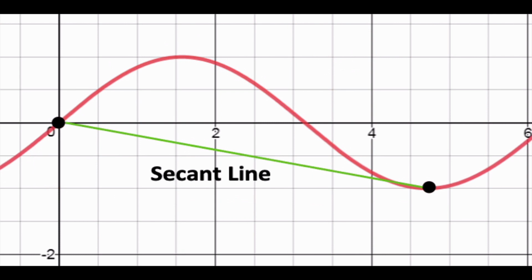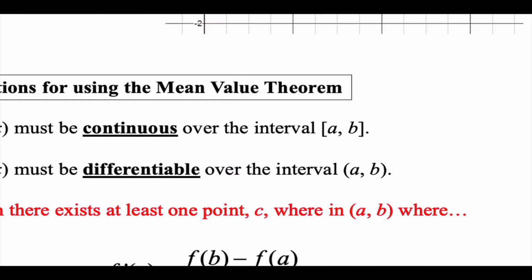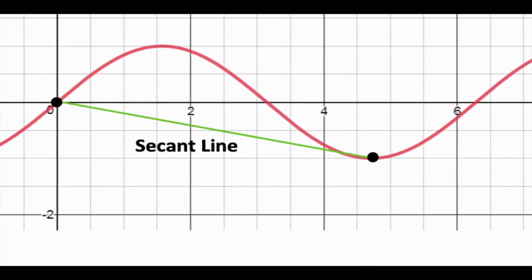More than likely, it's probably somewhere around here, because those two lines are parallel. The green line and the red line I just created are parallel. So that means they have the same slope. So as long as it's continuous and differentiable over that interval, I'm going to have the same slope.